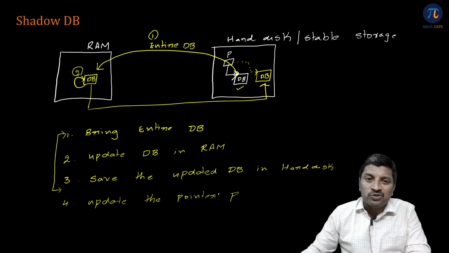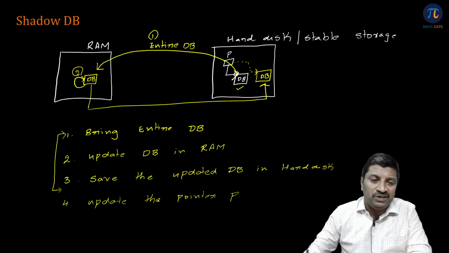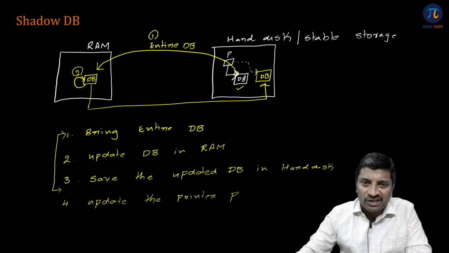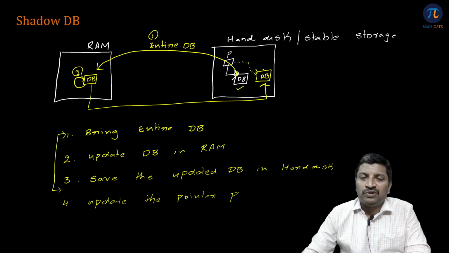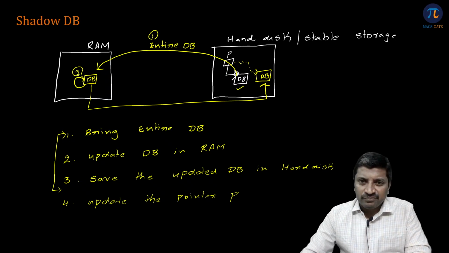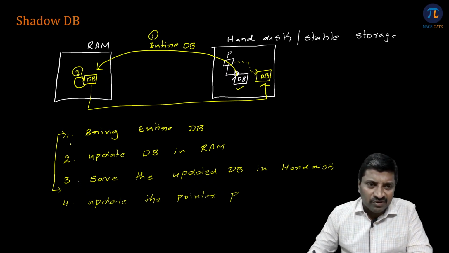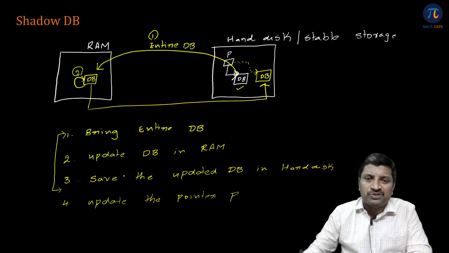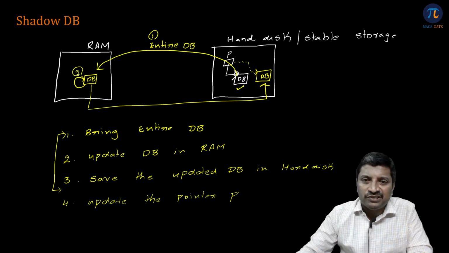The only possibility of failure in this scheme is when we saved this database and we are updating the pointer to this one. Whenever there is a failure among these steps, the original database is here itself.